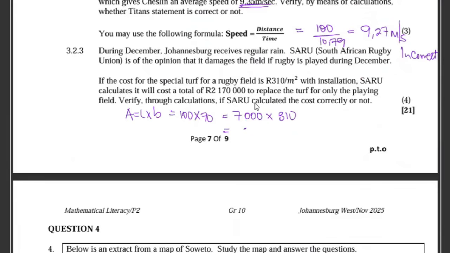Indeed, you end up having 2,170,000. They said verify. The moment you hear the word verify, your final answer has to be what? Because now we've got the same answer as this. So the claim is what? The claim is correct.